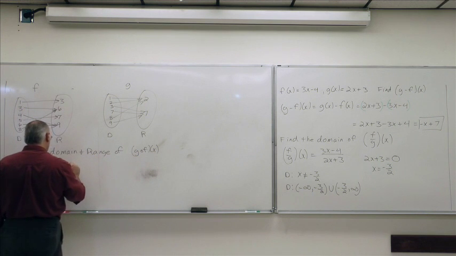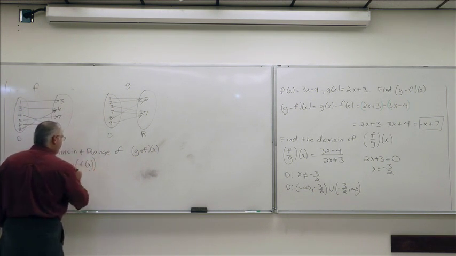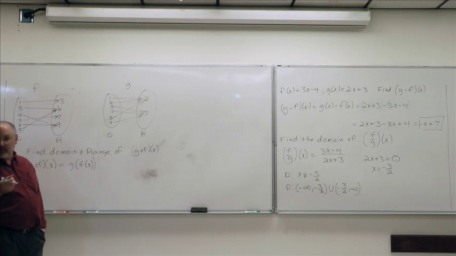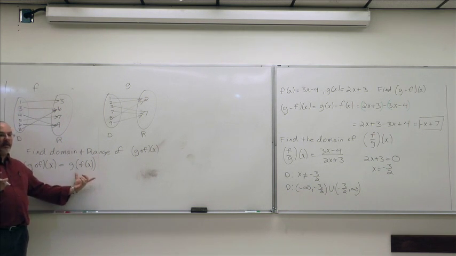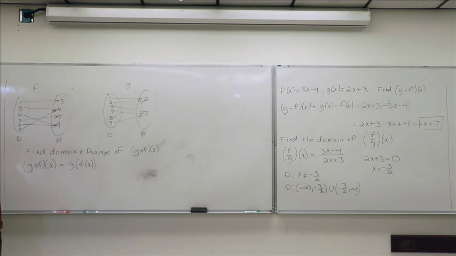The first thing we're doing is picking an x in the domain of which function? Of f. Then we're getting an answer from the range. And what are we doing with that answer? We're plugging it into g.